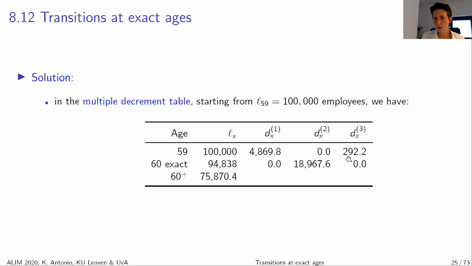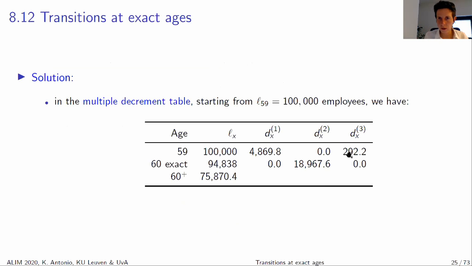In a similar way, I've got the expected number of people leaving the company because they die between age 59 and 60. No one is expected to leave because of retirement, because I put the force of decrement equal to 0 between age 59 and 60.